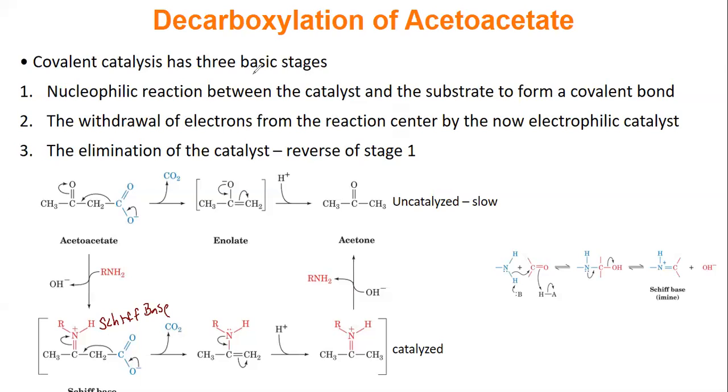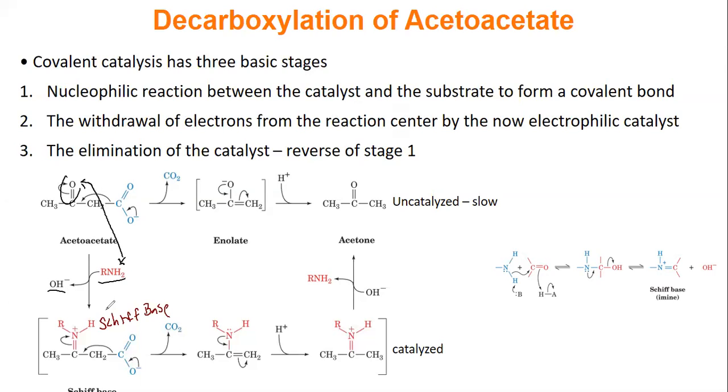So let's look at our catalyzed reaction here. We need an amine group to come in. What's going to happen is that we're going to take our carbonyl oxygen here and make it hydroxyl. So take one hydrogen from here, combine it with the oxygen from here, and you kick off your OH.